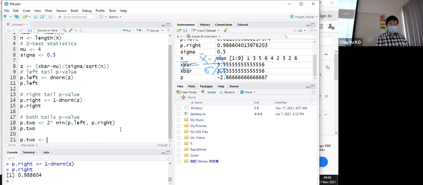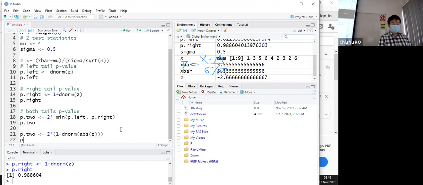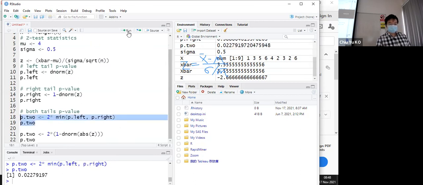But also, if you remember, the slide I wrote on how to calculate the two-tail p-value can also be done by doing this: norm of the absolute value of the Z. Both give you the same value. So this one gives you around 2%.